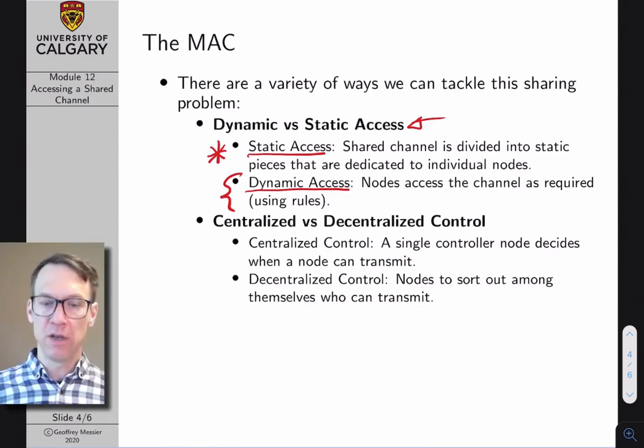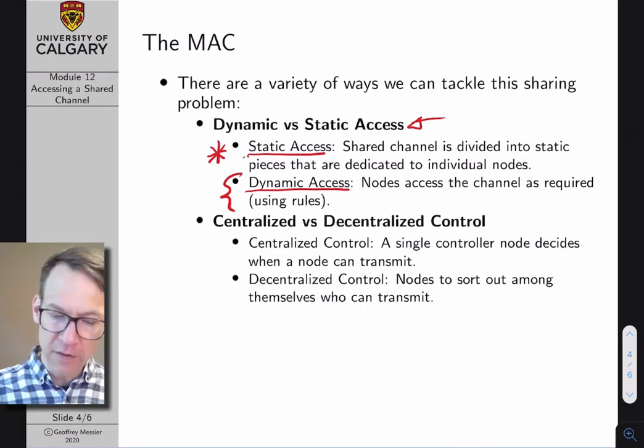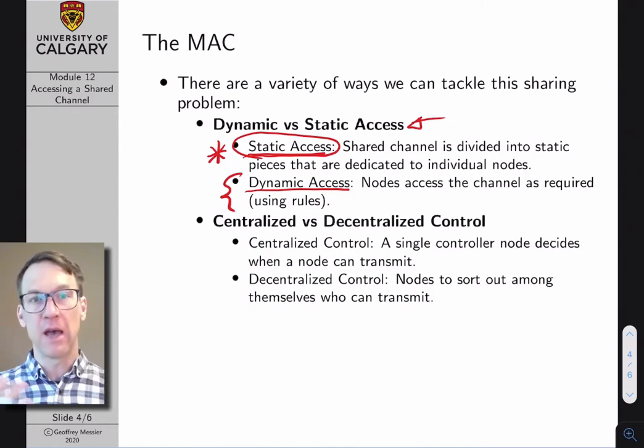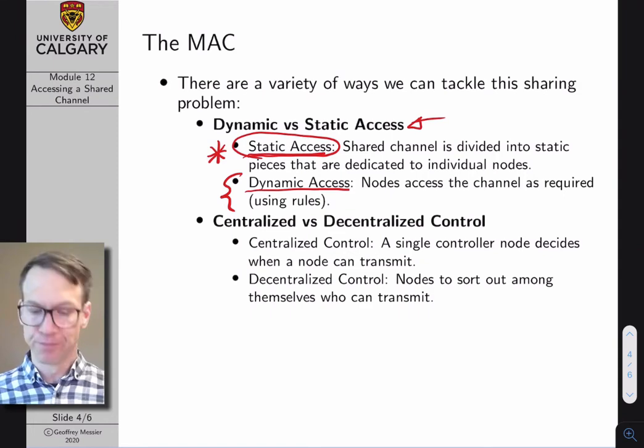And so in that kind of industrial setting, a static access approach might make a lot more sense, because you know that all the nodes on your network basically have the same amount of information to send. And a lot of control systems require very predictable network performance and information delivery in order to maintain stability. So, I'll try to make this point as often as I can.